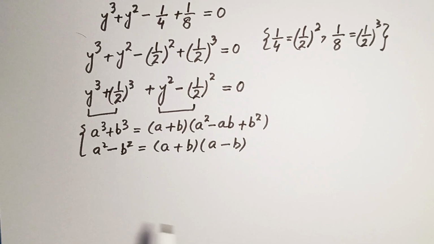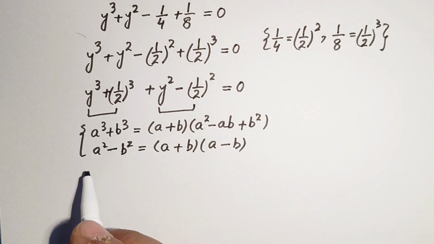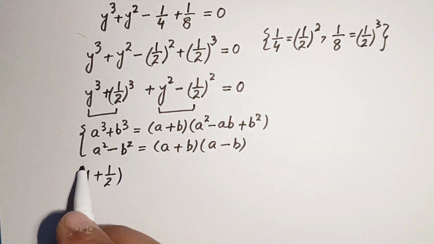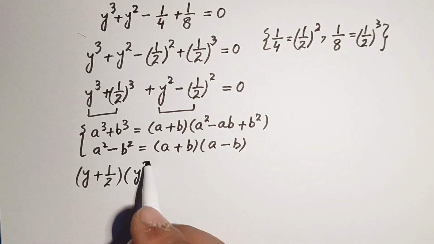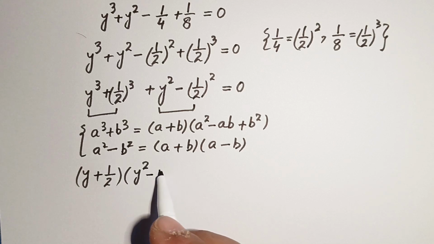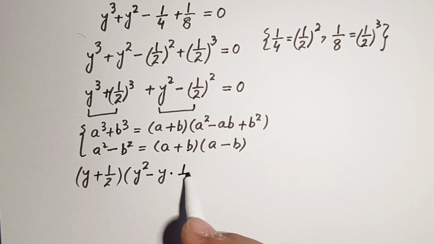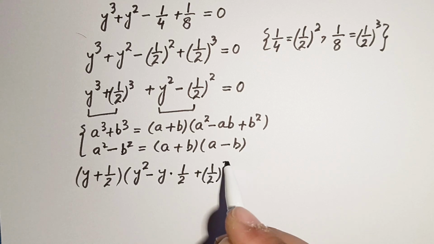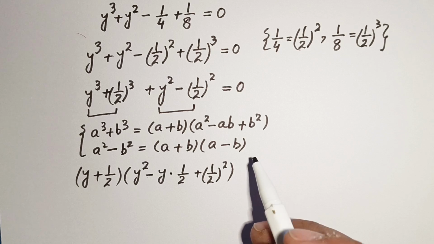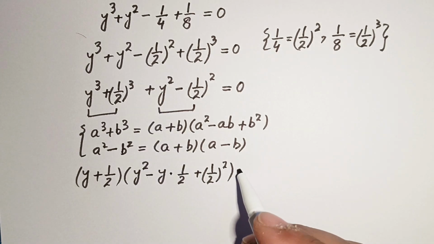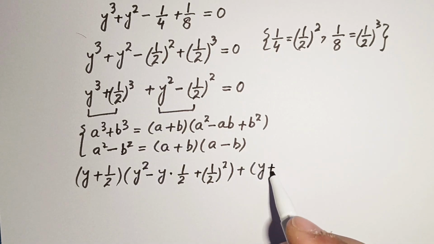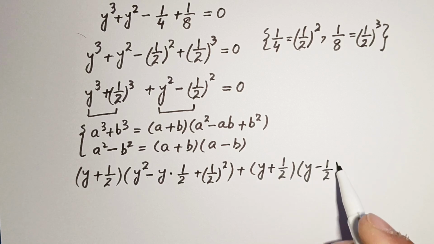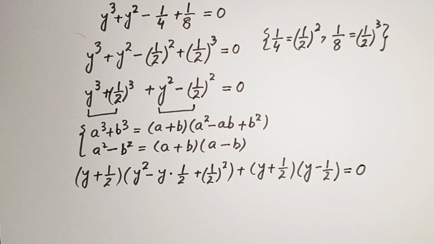Now using these, we get y plus 1 over 2 times y squared minus y times 1 over 2 plus 1 over 2 whole squared, plus y plus 1 over 2 times y minus 1 over 2, which is equal to 0.